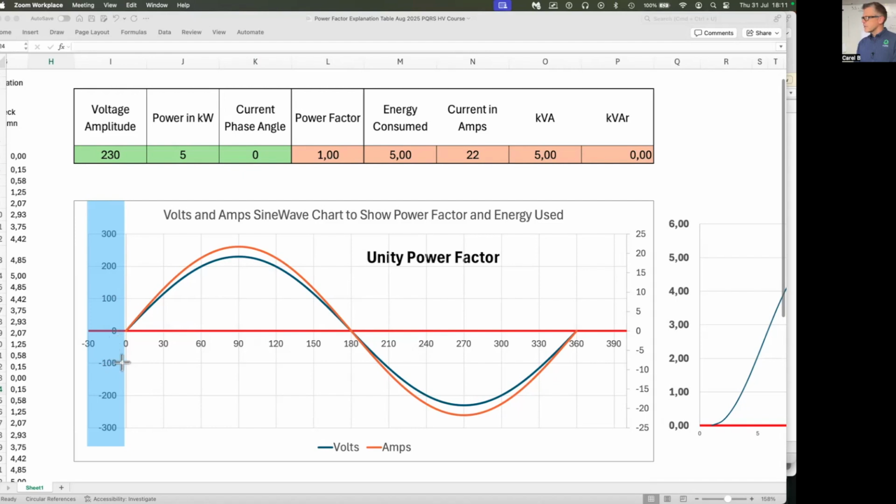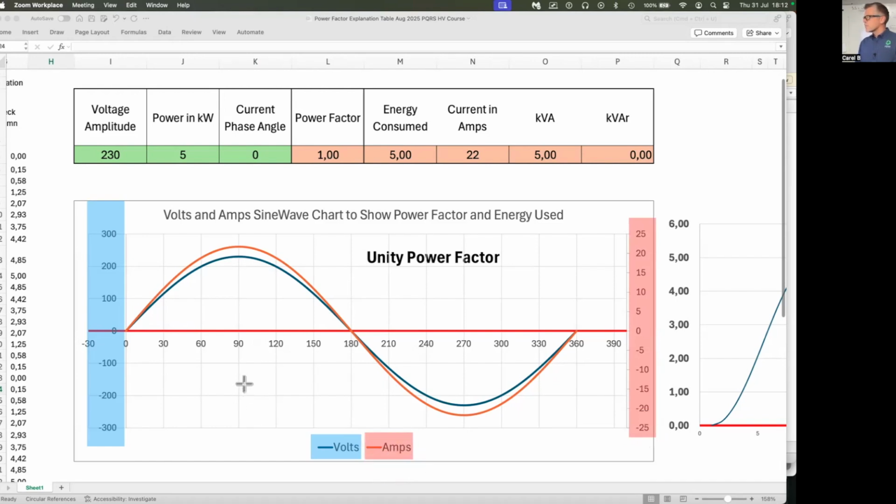So this is the voltage. And if we look at that over there, we'll see that the blue line represents the volts. Then we've got the red line. The red line works on this axis over here, and the red line gives us the amps.